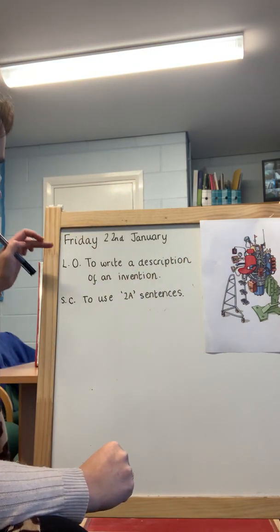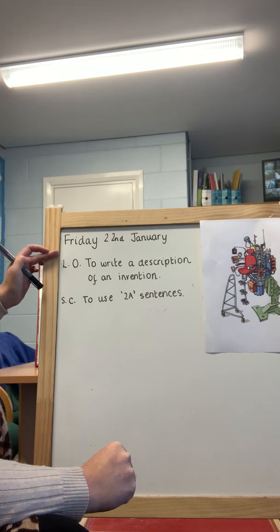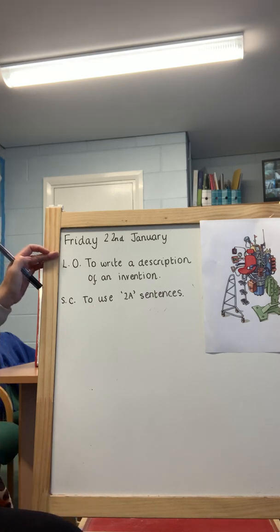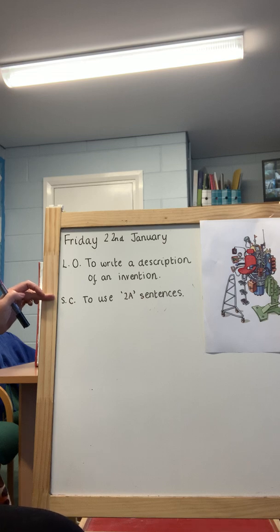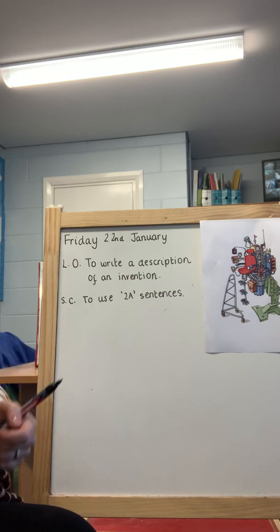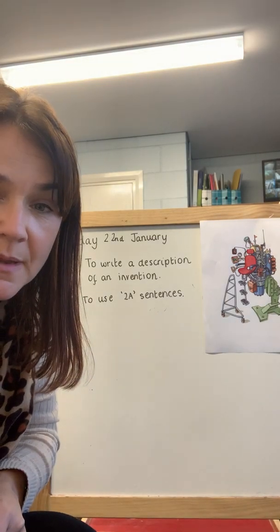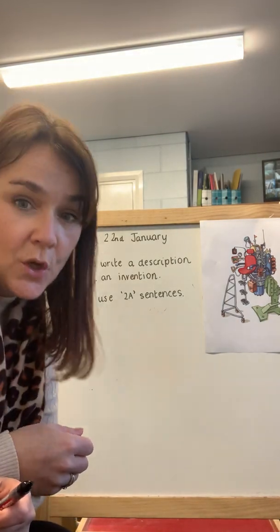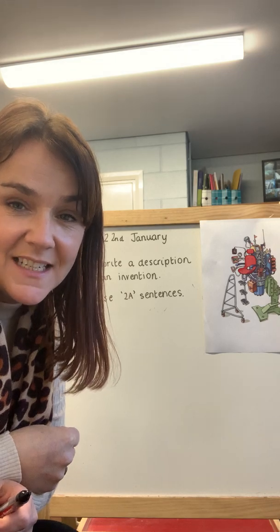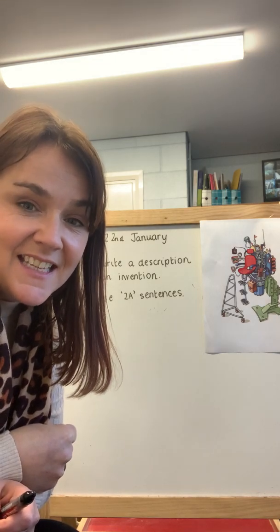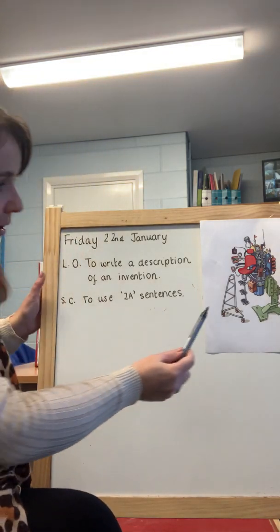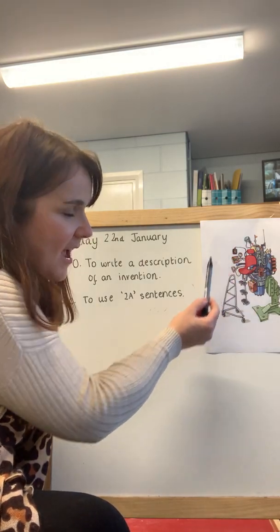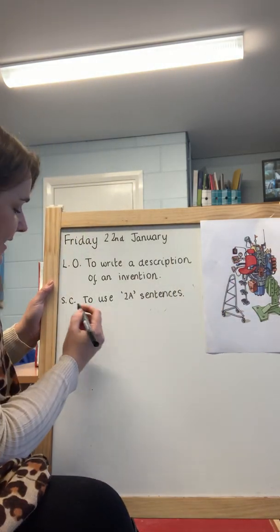Our learning objective is to write a description of an invention, and our success criteria today is to use 2A sentences. That means each noun is described with two adjectives, like we practised through the week. I'm going to start with the hard chair part.